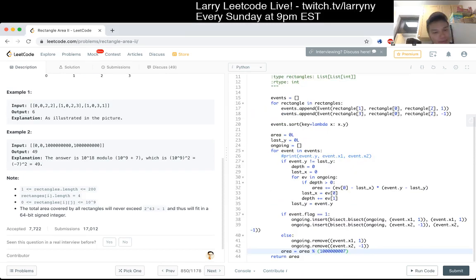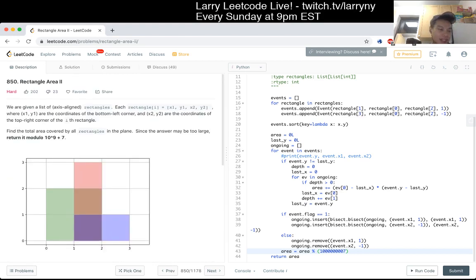But I think sweep line is an algorithm that is a little bit underrated, for a lot of intersection things. In this case, they tell you it's axis aligned, which means you can think of a sweep line going from left to right. But it doesn't always have to be a straight line. It's just sweeping events and rounding them up in some way.